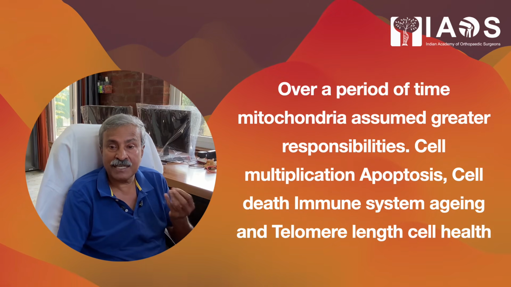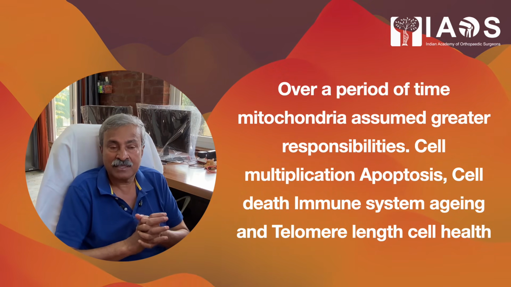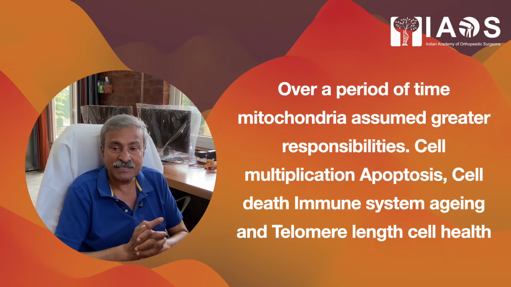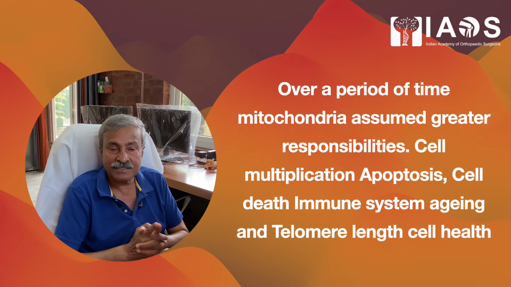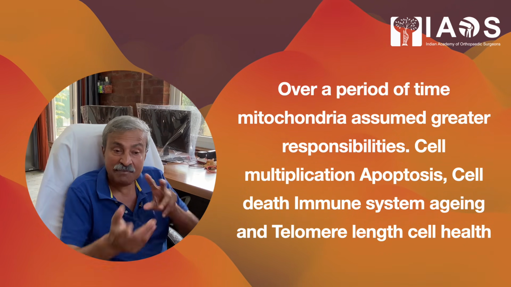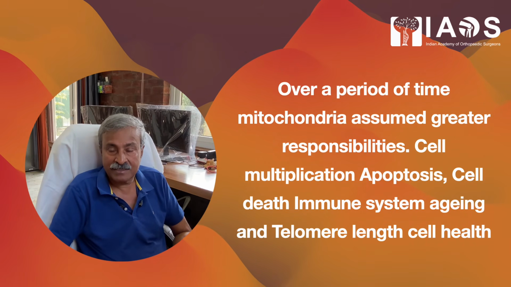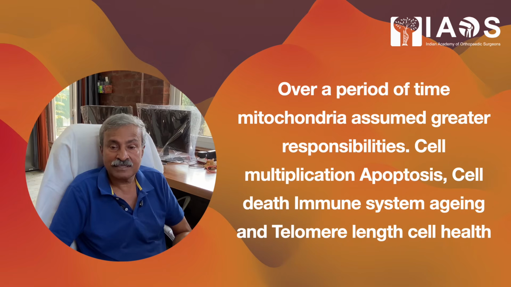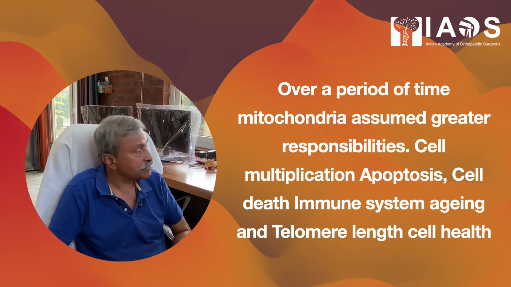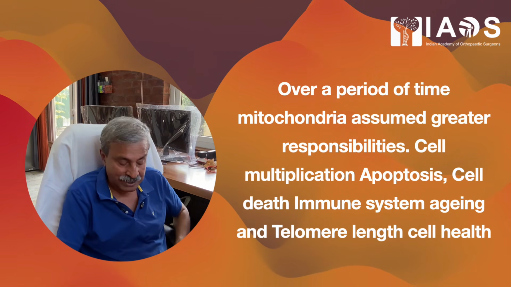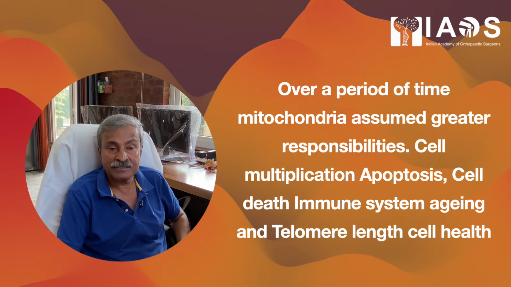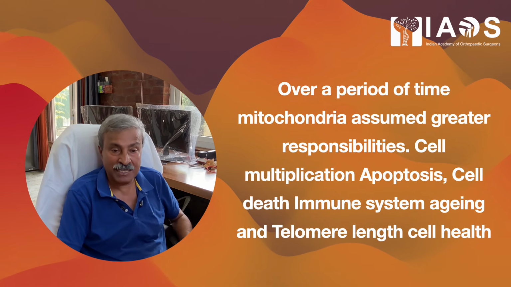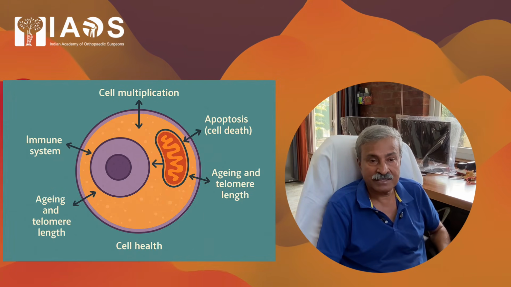Over a period of time, these mitochondria assume greater responsibilities than just ATP production and energy: cell multiplication, apoptosis (cell death), immune system, aging and telomere length, which is also an indicator of cell health.